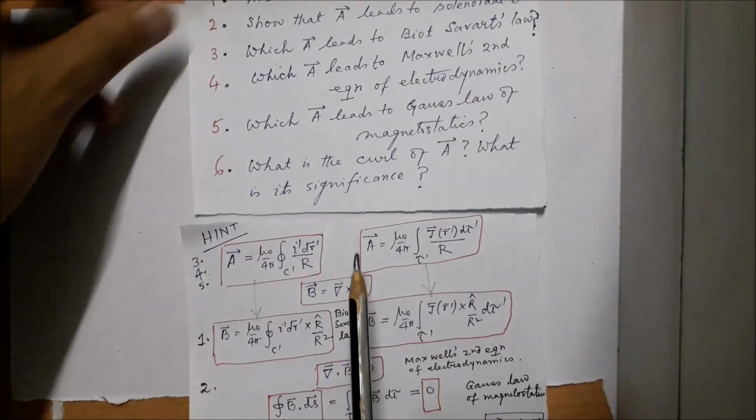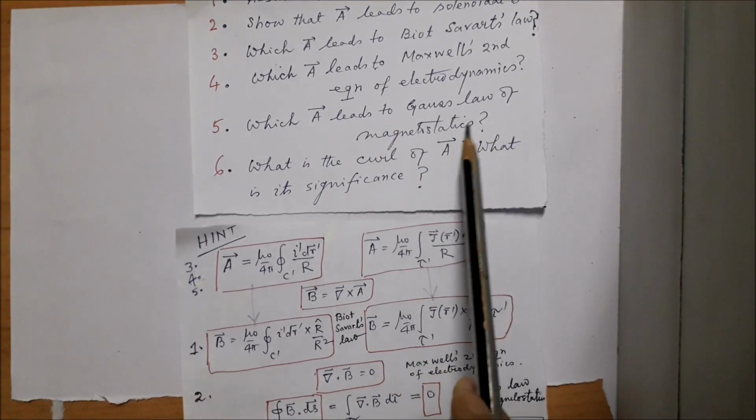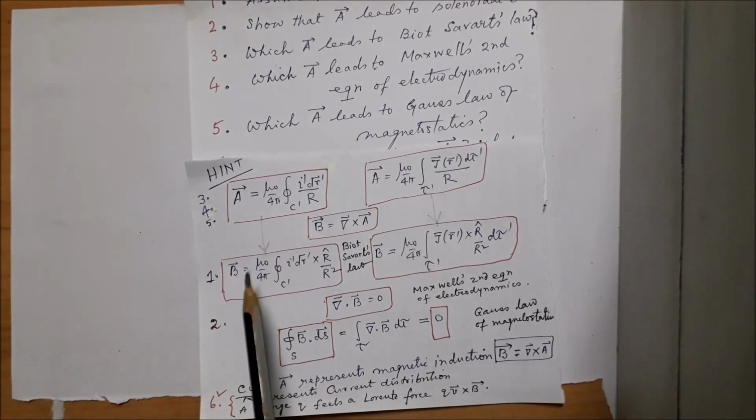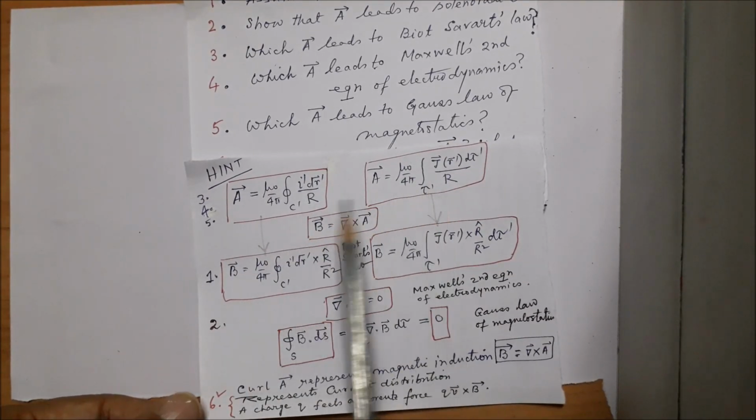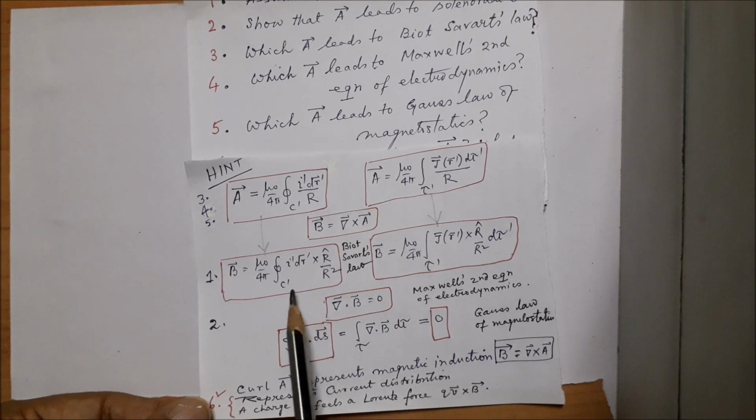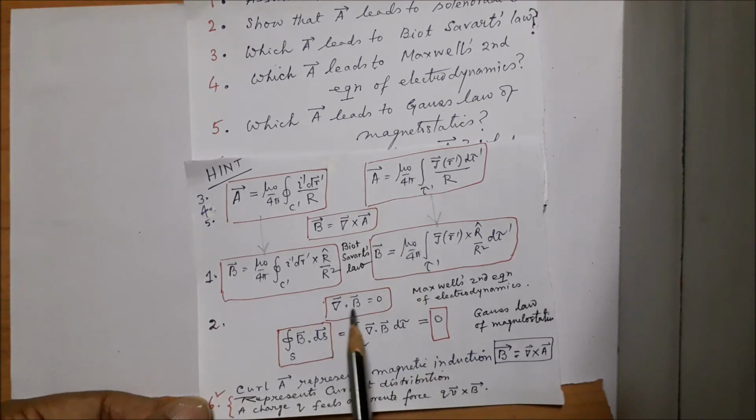Question 5 says that which A leads to Gauss law of magnetostatics? Again, we started with this A and obtained this B, and then we got divergence B 0.